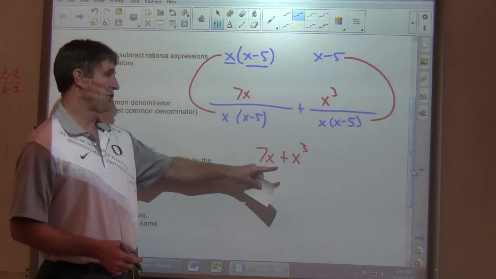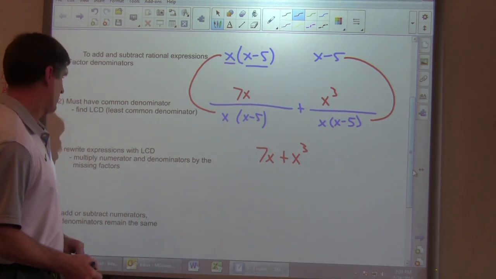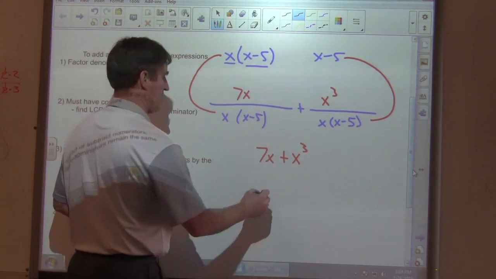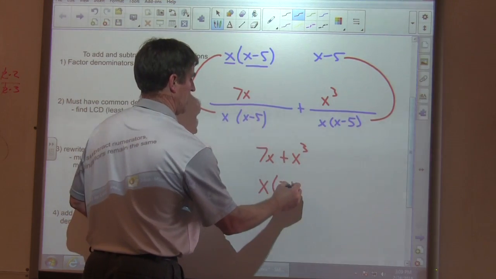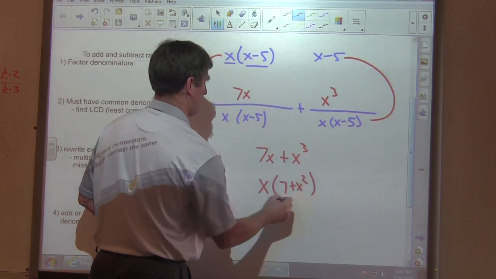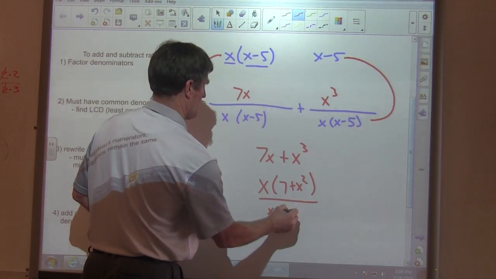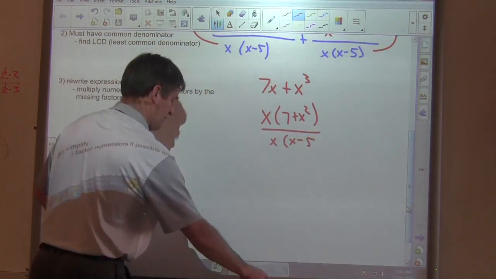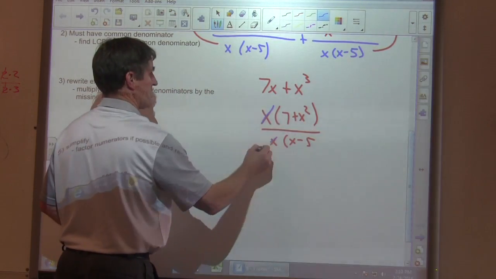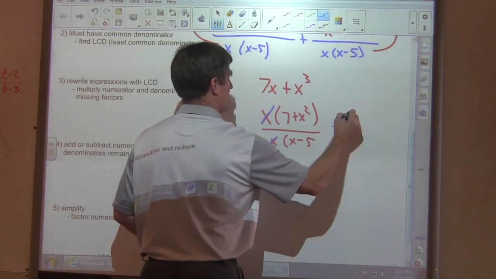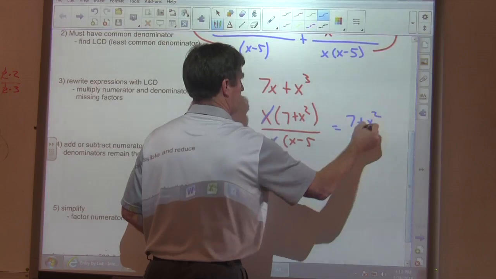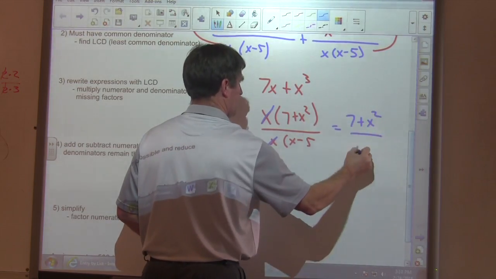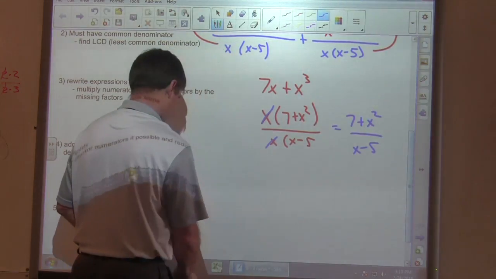Once we get there, we should again try and factor that. So I can pull an x out of both of those. And I get 7 plus x squared over x times x minus 5. And now we cancel like factors. There's an x in both of those. And so my answer is 7 plus x squared, or x squared plus 7, doesn't make any difference, over x minus 5.